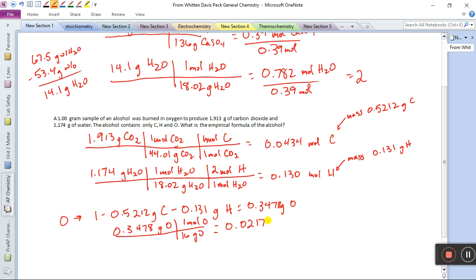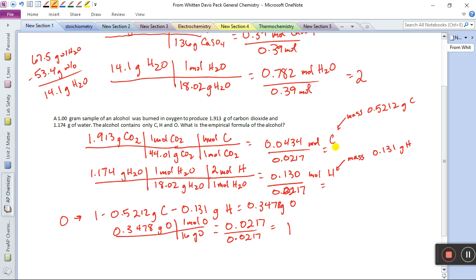All right, and so what do we need to do next? Divide by the smallest. So our smallest in this case is our oxygen. So we know oxygen's got to be 1.